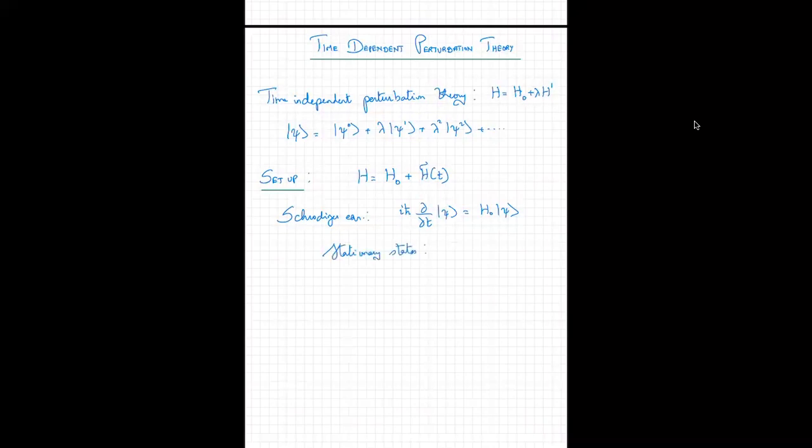What are stationary states? The stationary states, for example, have definite energy. Let's call them |n0>. The 0 indicates that these are the eigenstates of the unperturbed Hamiltonian. These have definite energy, which I will call En0, right? And the way they evolve in time is that after a certain time, the state evolves to a new state, which is given by e to the minus i En0 t over h bar times |n0>, right?